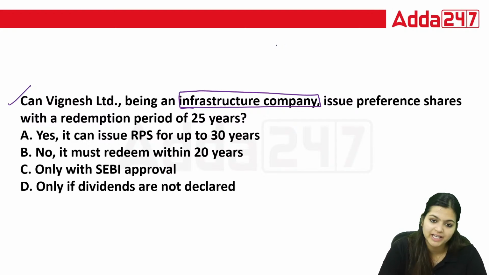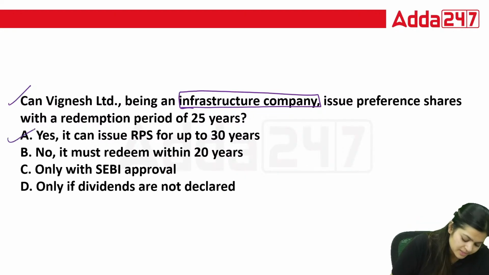Option A, yes, it can issue RPS for up to 30 years. B, no, it must redeem within 20 years. C, only with SEBI approval. D, only if dividends are not declared. So what do you think? Yes, the correct answer is answer A.